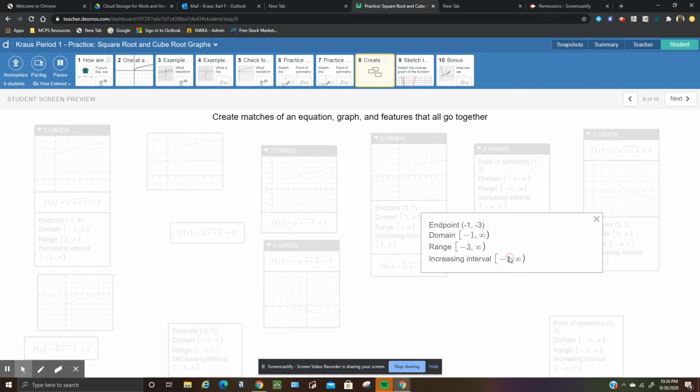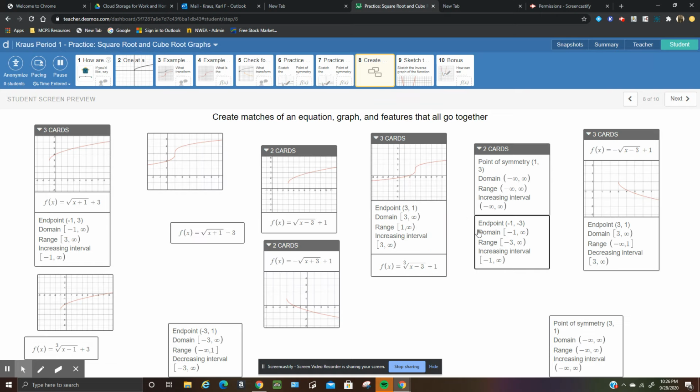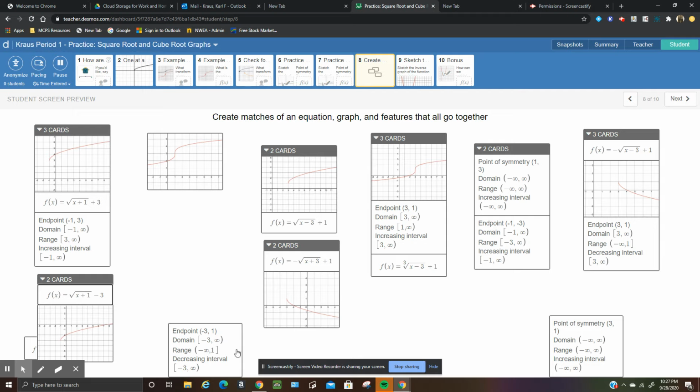Why are these two joined together here? This goes here. Endpoint -3, 1. Let's see that one.